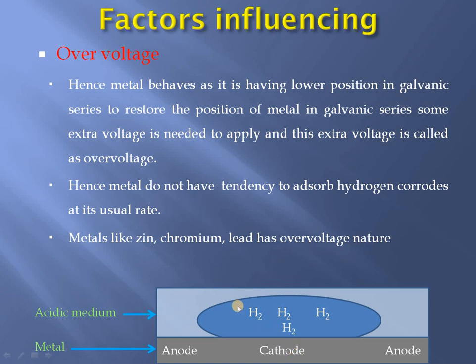So the corrosion will be lowered due to detaching the contact of the cathode with the corroding medium, and hence the metal will act as a metal having a lower position in the galvanic series. So if a certain extra voltage is applied to this metal, then the metal will again start behaving as a metal with its actual position in the galvanic series, and this voltage is called overvoltage or overpotential.